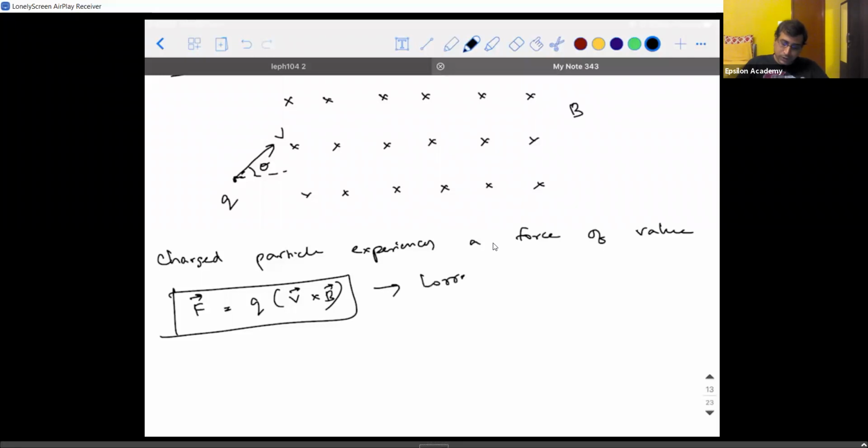And this is what is called the Lorentz force for magnetic field. Okay, so you don't need the proof for it. You just have to accept this. A charged particle experiences a force of value q into v vector cross b vector, where v stands for the velocity of the particle and b stands for the magnetic field.